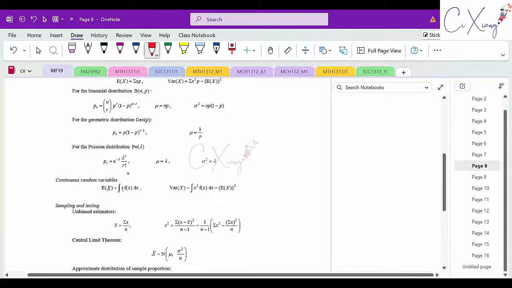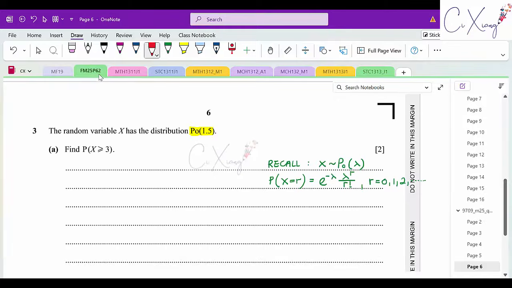The formula is given here. Now to find the probability for X greater than or equal to 3, you would need to start from X equals 3, 4, 5, 6, until infinity, because according to the definition, r can go up to infinity.